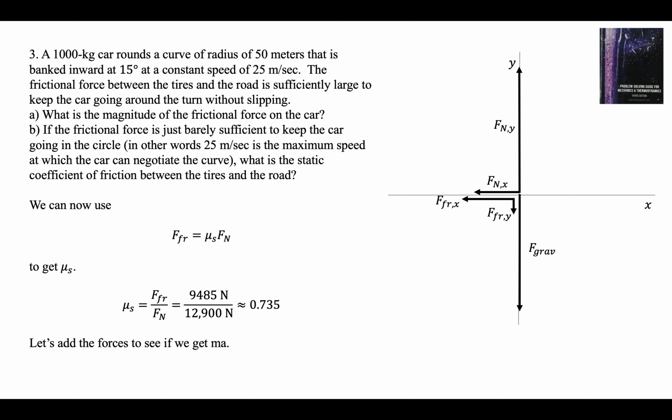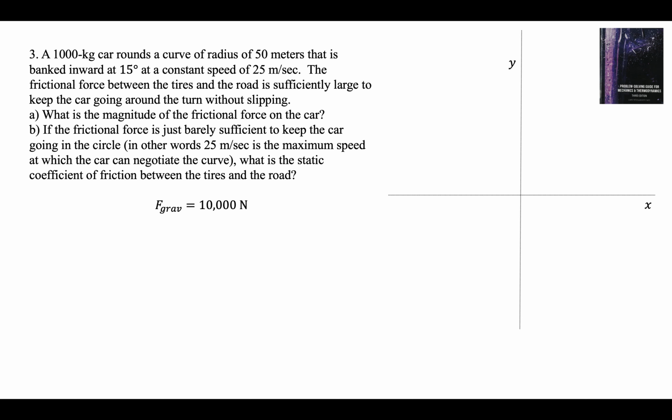So now we're done with the problem, but let's add the forces to see if we can get ma. F gravity is 10,000 newtons, straight down. The frictional force was 9485 newtons. The x component of that, multiply that by cosine 15, we get 9160, which is huge.